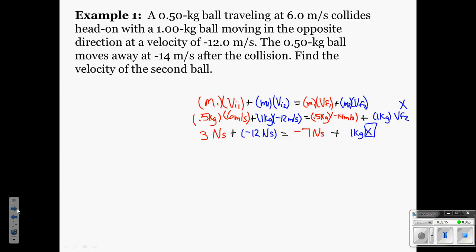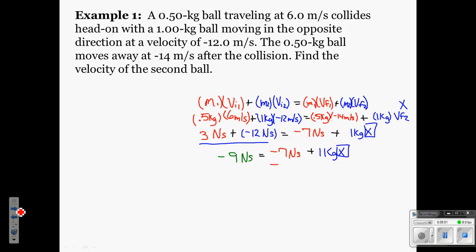All right. So let's go ahead and take care of this side of the equation just to get things taken care of. So we're going to take 3 plus negative 12, and that's going to give you negative 9 NS. So here's my negative 7 NS, my 1 kilogram X. Remember, X is what I want to find out.